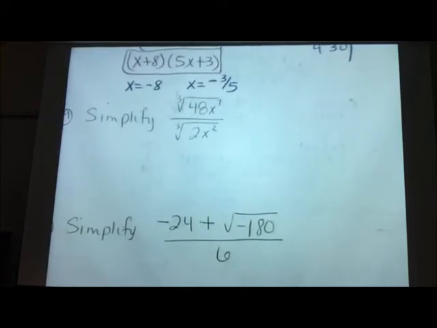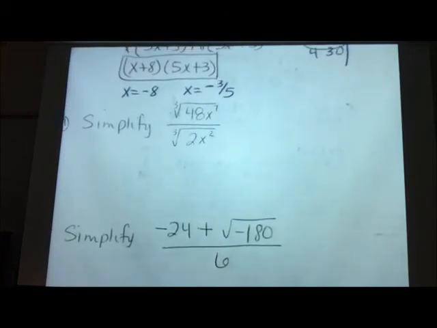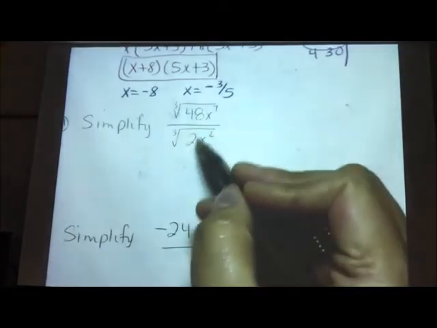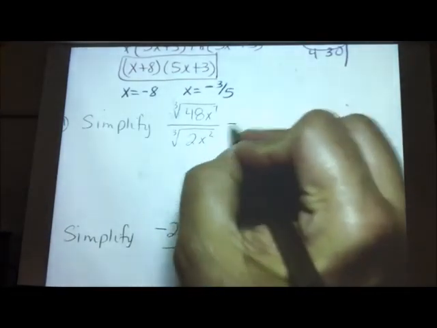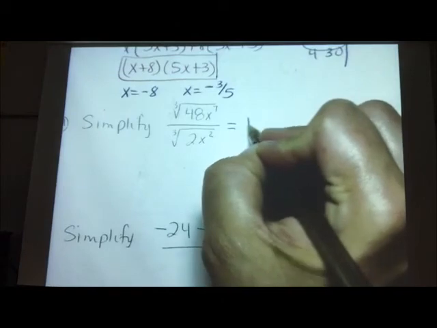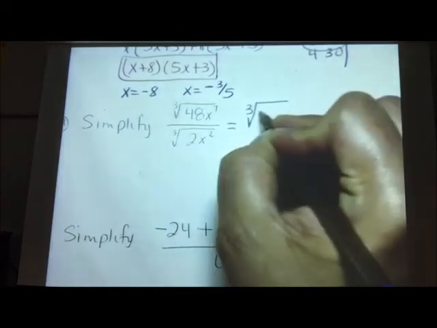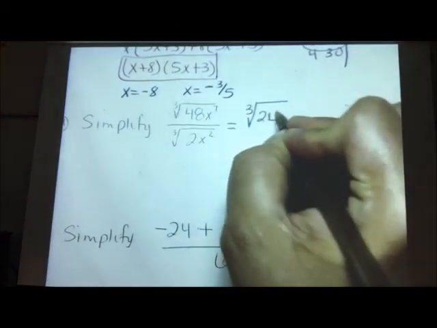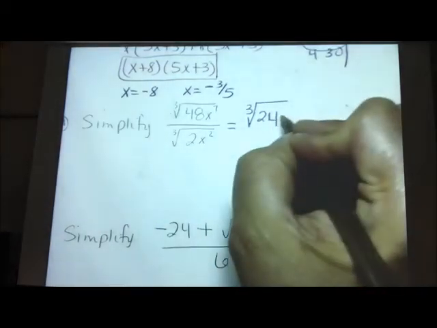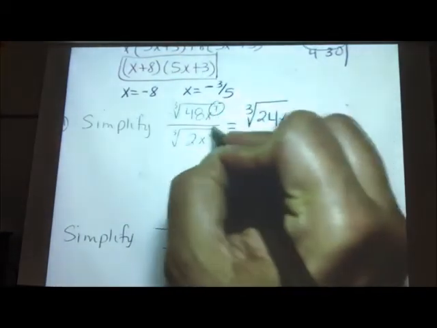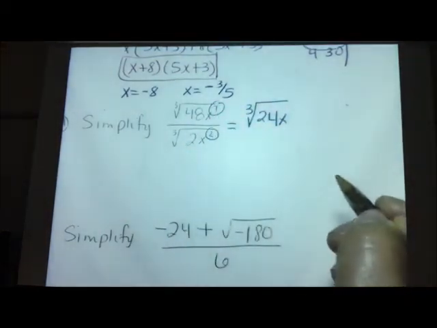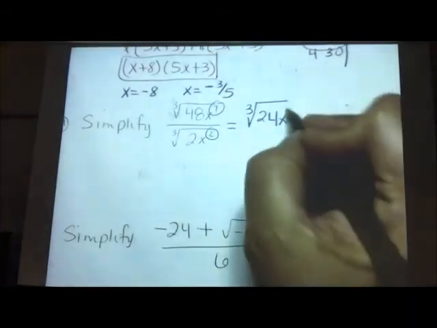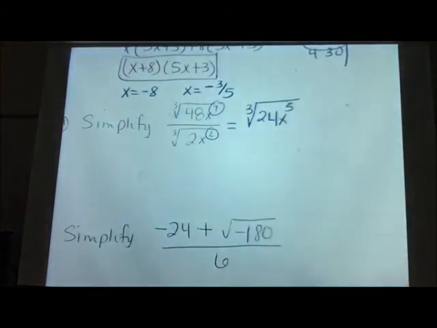Number 19, if we could simplify within it, let's work on that first. So can 48 be divided by 2? Yes, it can. So this becomes the cube root of 24. And remember your exponents, when you divide, you subtract them. So what is 7 minus 2? 5. Because we have a cube root, we need to look for cube answers.